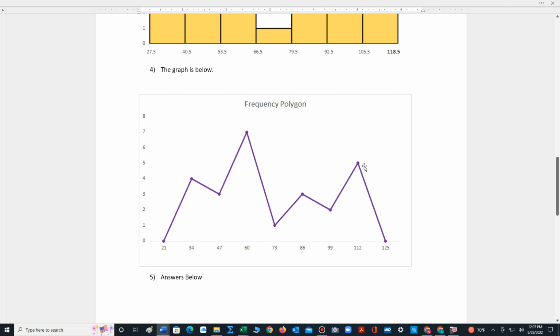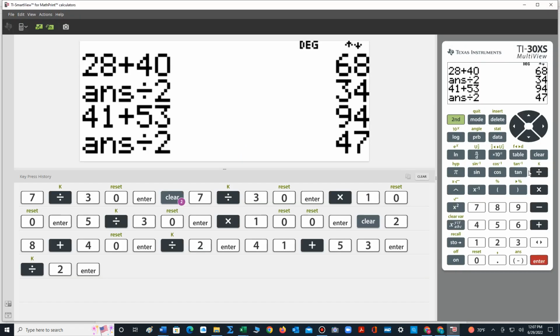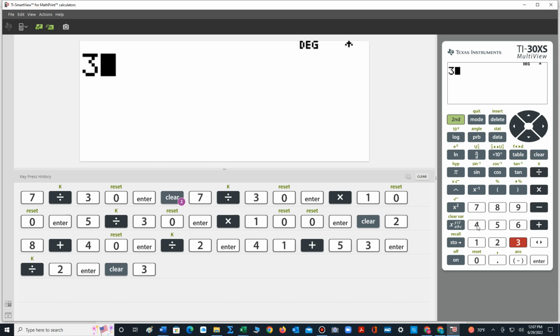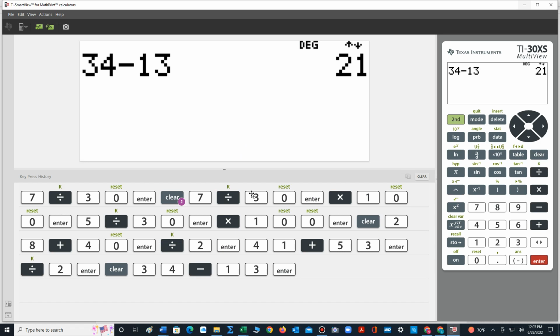And then the final step is we have to connect this first point back to the x-axis at a hypothetical midpoint. This midpoint does not exist. To find this midpoint, you take 34, because remember, the midpoints are all separated by 13, so we take 34 and subtract 13, and that gives us 21.